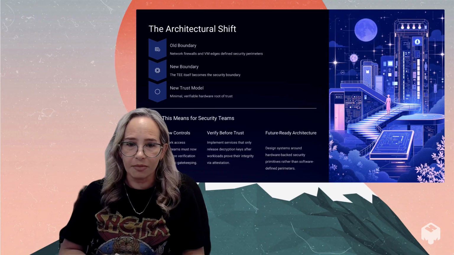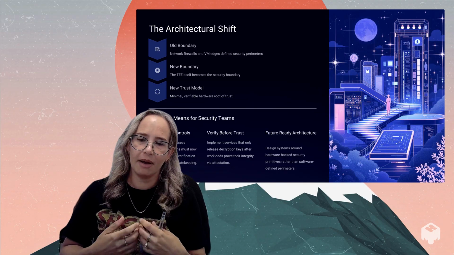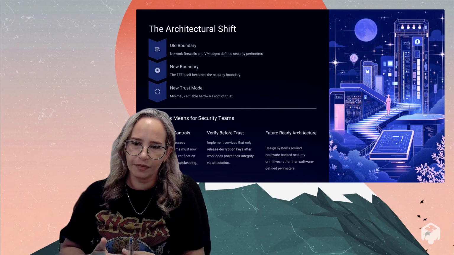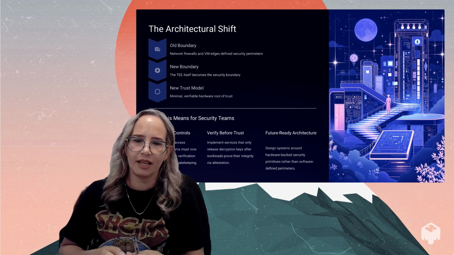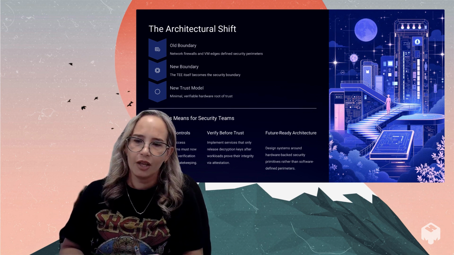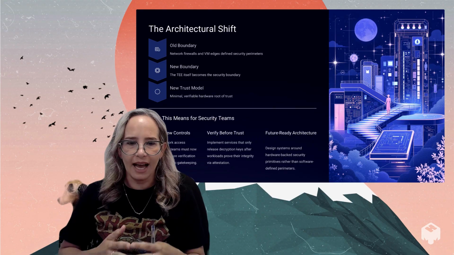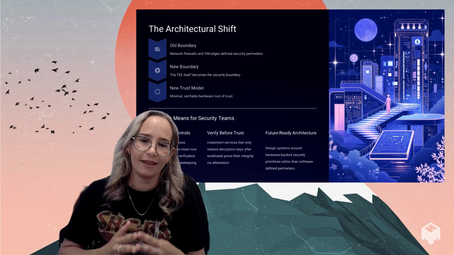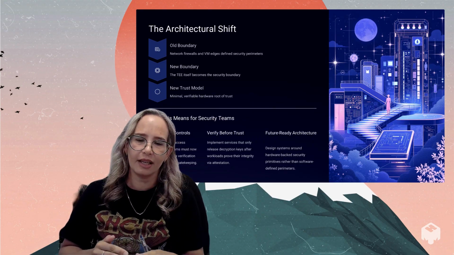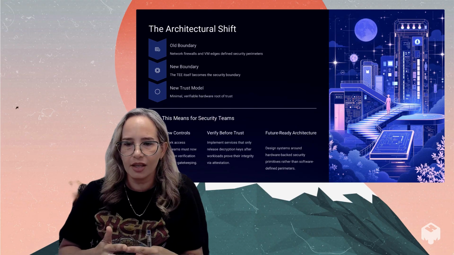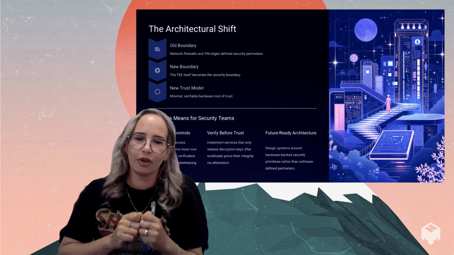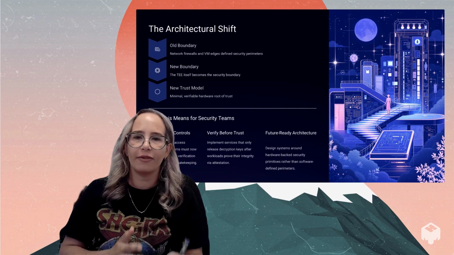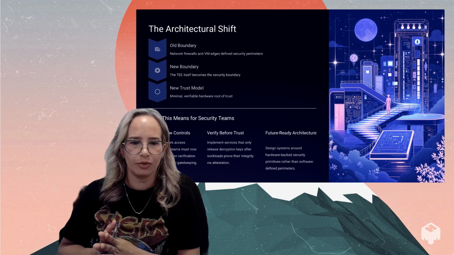For security teams, this means mastering some new controls. You don't just manage network access, you manage the attestation verification. You implement services that act as a cryptographic gatekeeper, only releasing the decryption keys to a workload after it has successfully proven its integrity via the attestation that we talked about.